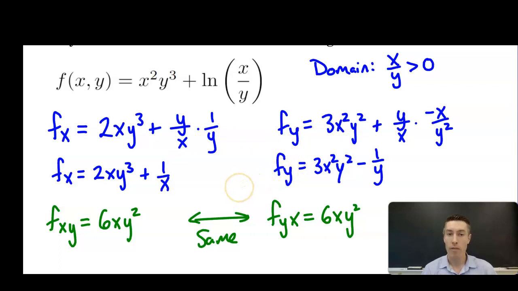Right, that's a little bit of a higher level extension here, but I think it's important because oftentimes we see functions that might have discontinuities and we don't understand why Clairaut's theorem is holding when it was so important that the mixed partials were continuous. Really, it's continuity on the domain of the function.